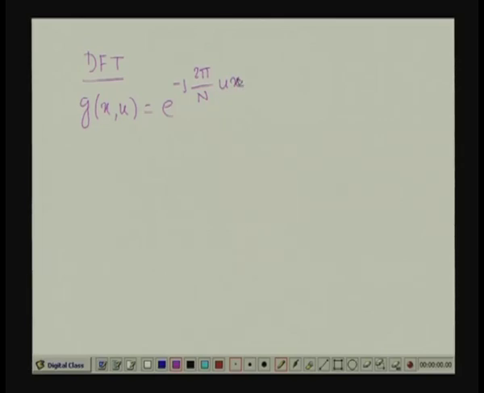Similarly, for the discrete cosine transformation as well as for other transformations like Walsh transform or Hadamard transform, the transformation kernels are fixed. The values of the transformation kernel depend upon the locations x and u. The kernels are independent of the data over which the transformation has to be performed.